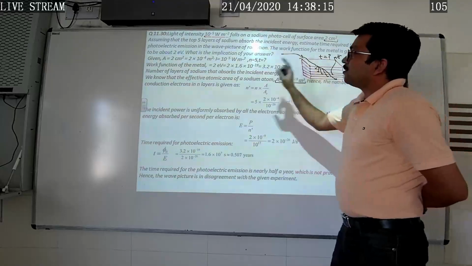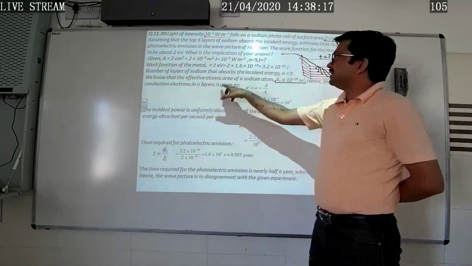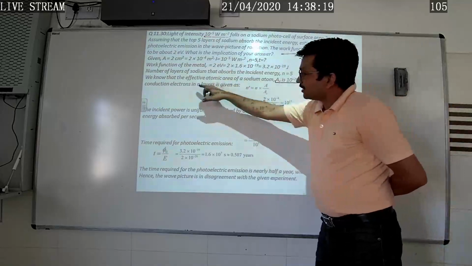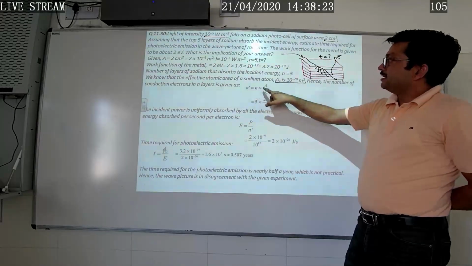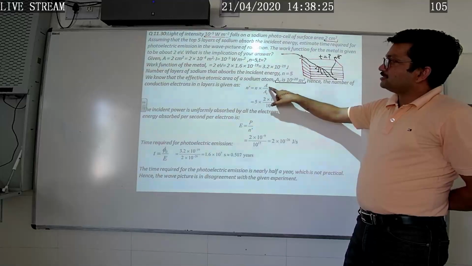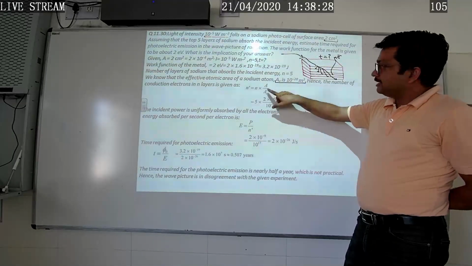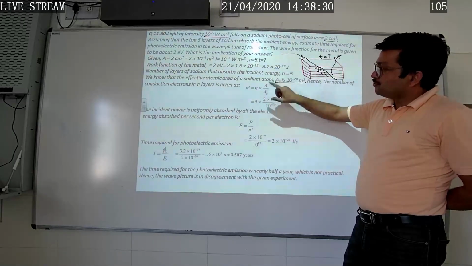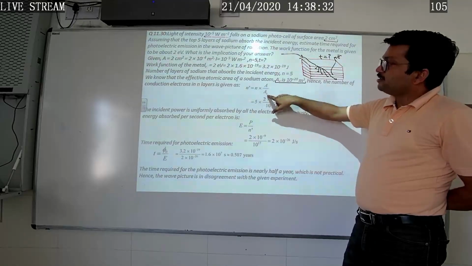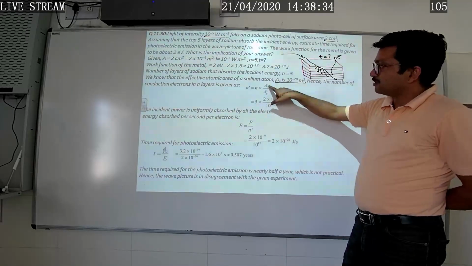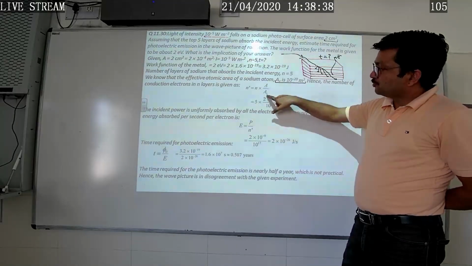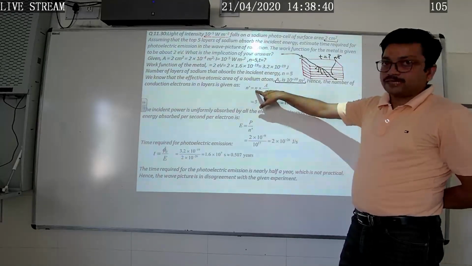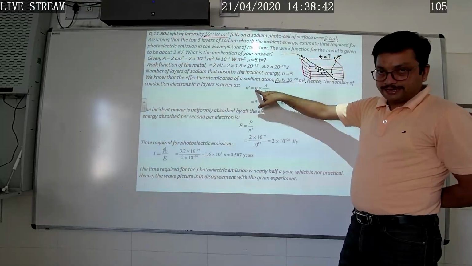Hence the number of conduction electrons in n layers will be given by the total area divided by the atomic area of the sodium atom, multiplied by the number of layers.